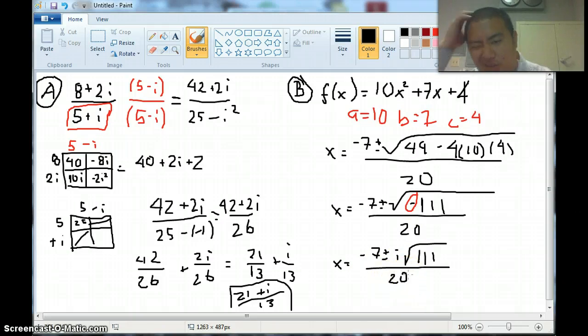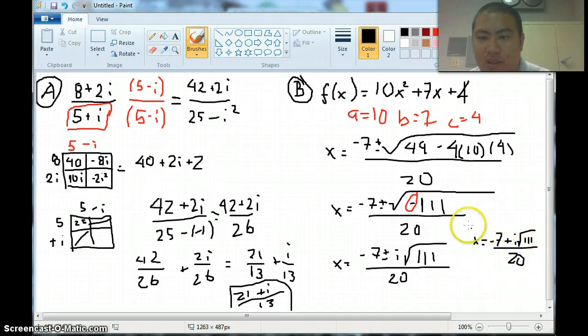Now you could write this in 2 ways: x is equal to negative 7 plus i square root 111 all over 20, and there's one solution, and you could box that up. And the other one would be x is equal to negative 7 minus i square root 111 all over 20. And that's the other way you could write it.